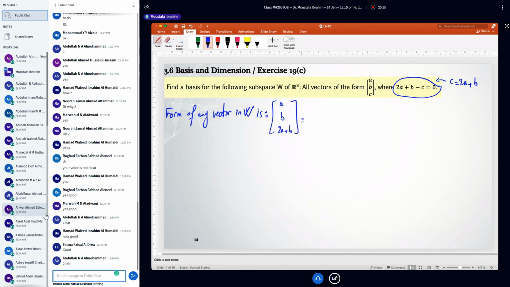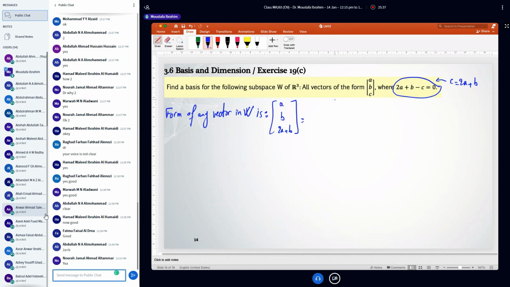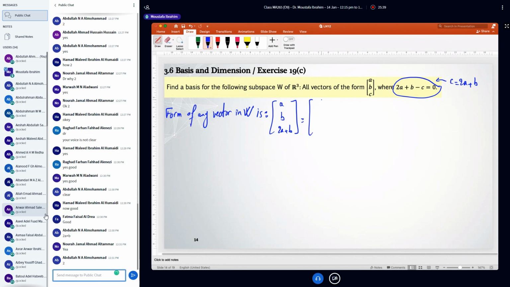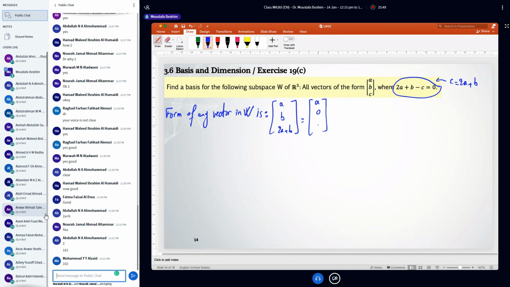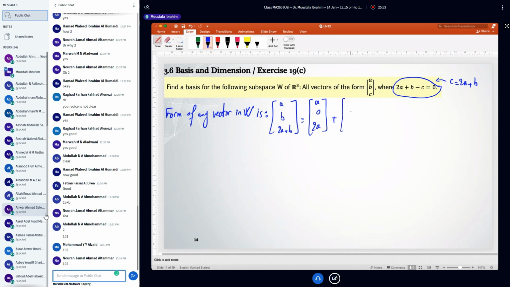Now split it into two vectors again. Here, put only a. So what should we put? It's (a, 0, 2a), plus (0, b, b). Pay attention here, we have 2a.